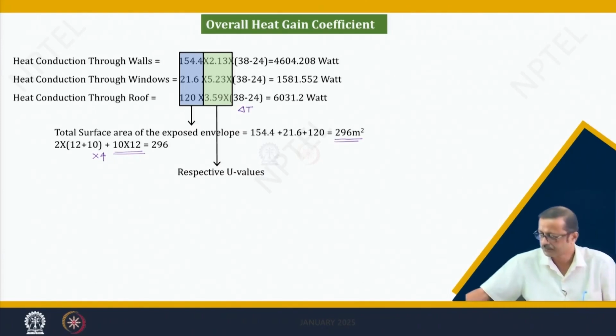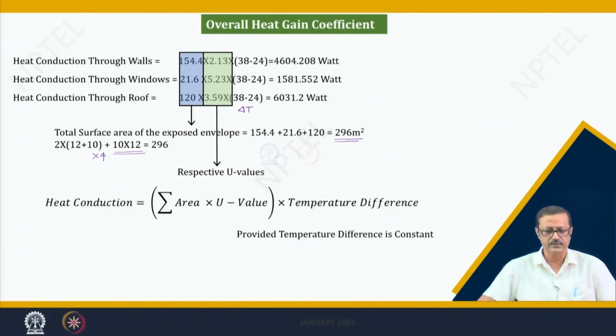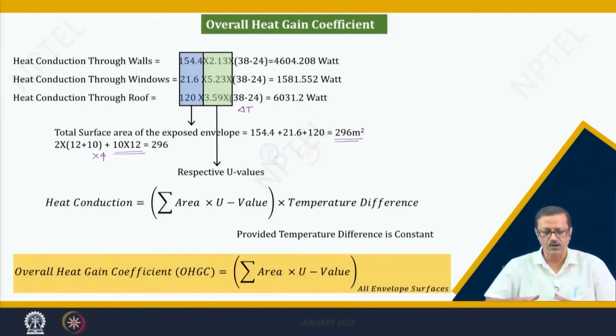If you take the product of the area and the U value, and then take the temperature difference, this product of the area and the U value is called the overall heat gain coefficient. So, that is the heat gain criterion of the envelope.